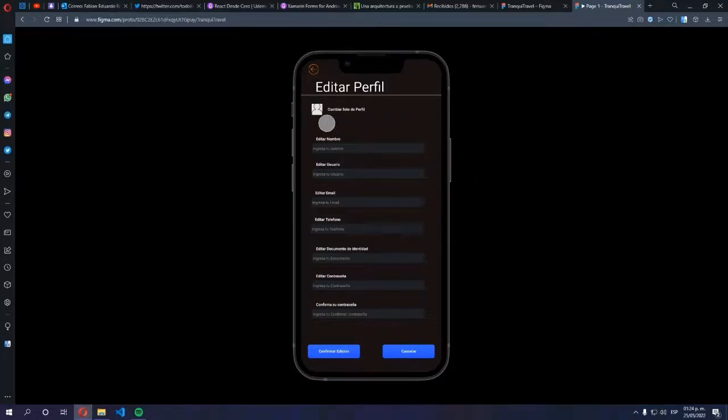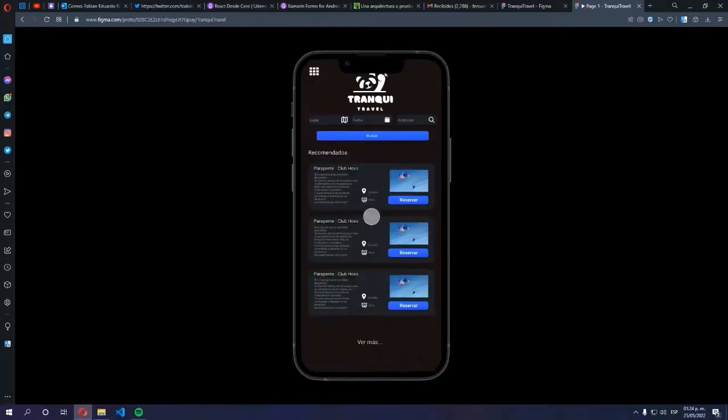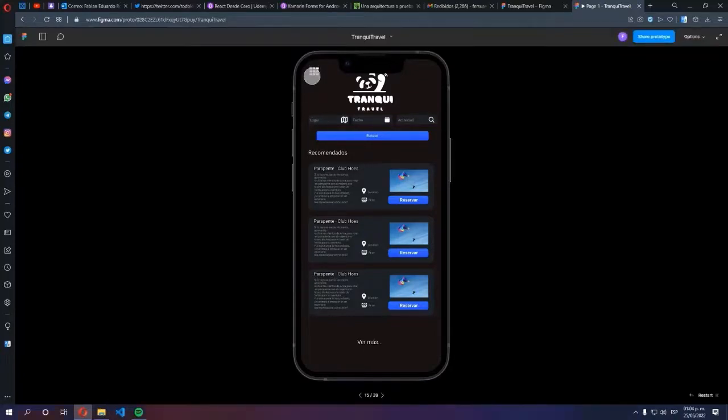We can change the profile image and all the information or only one input, and okay, we can cancel the operation and we are redirected to the dashboard or principal page.